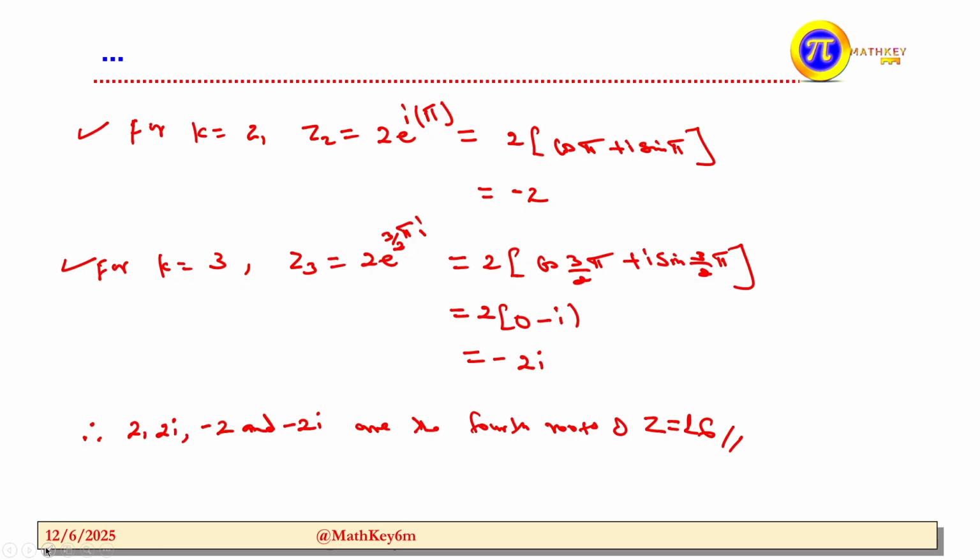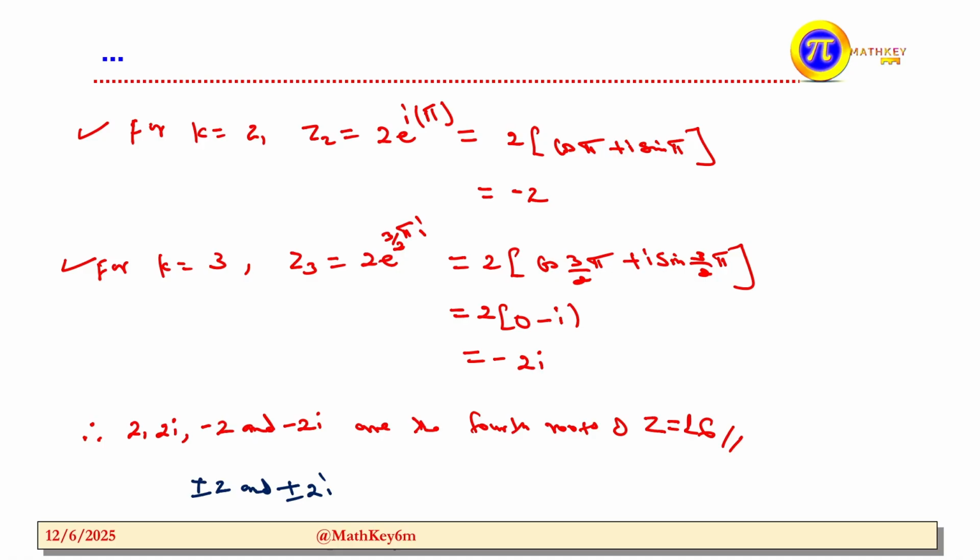Or if you want, you can say that our roots are plus or minus 2 and plus or minus 2i. We can express them in different forms, whatever the case.